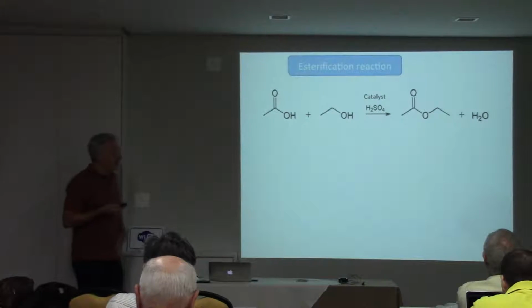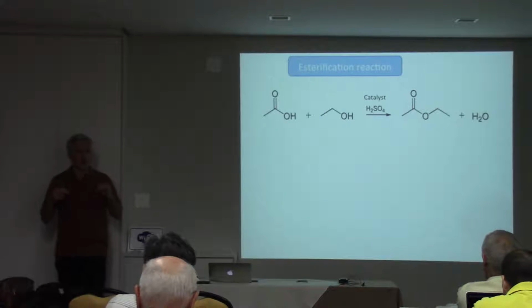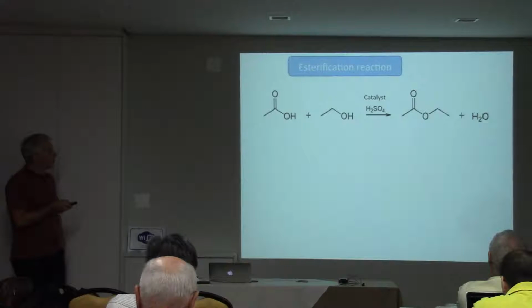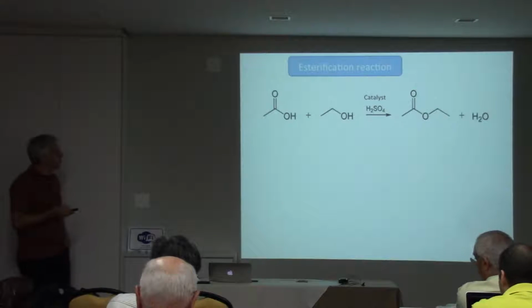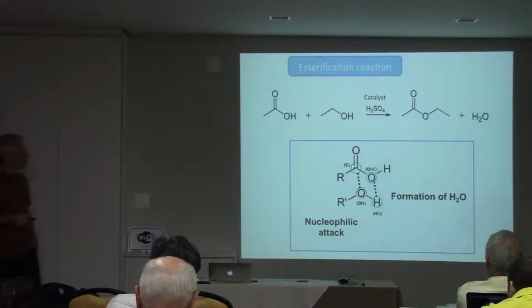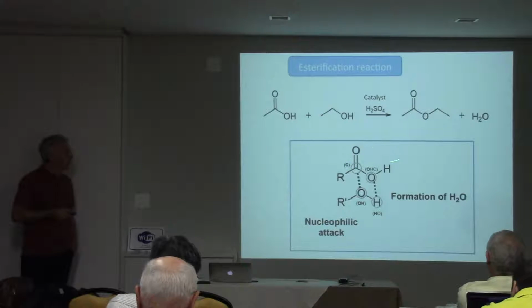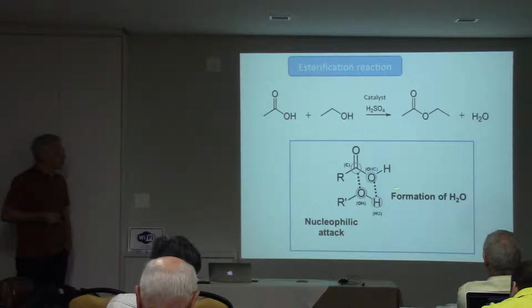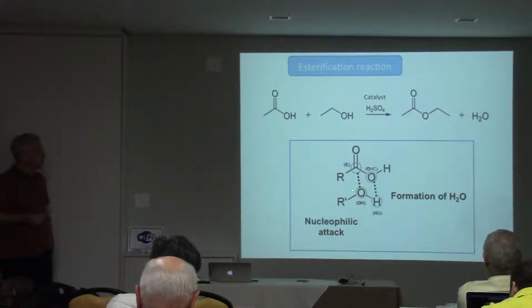How is an ester formed? Just remembering from basic chemistry, in the esterification reaction, there is a nucleophilic attack from the oxygen in the alcohol group to the carbon of the carboxylic group, and also the interaction between this hydrogen and this oxygen, forming a water molecule and the corresponding ester bond.